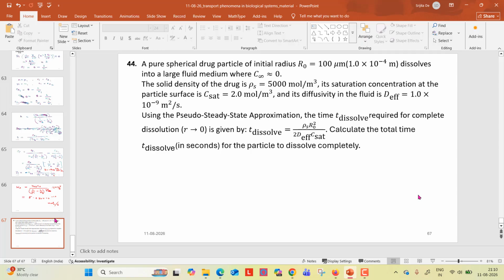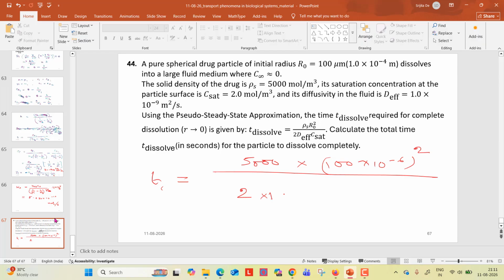So T dissolve will be, ρS is 5000 mole per meter cube, R0 square is 100 into 10 to the power minus 6 whole square, divided by 2, D effective is 1 into 10 to the power minus 9, into C saturation is 2.